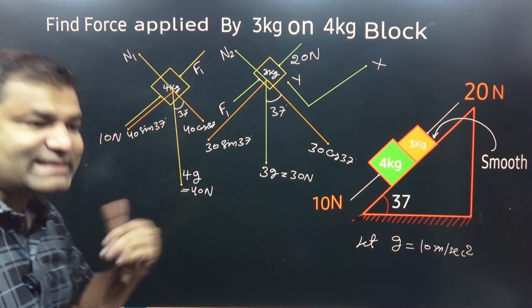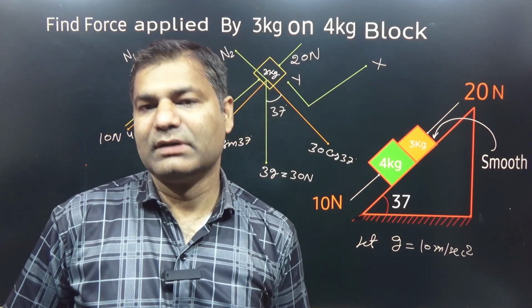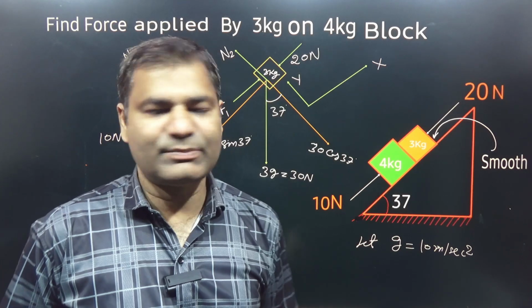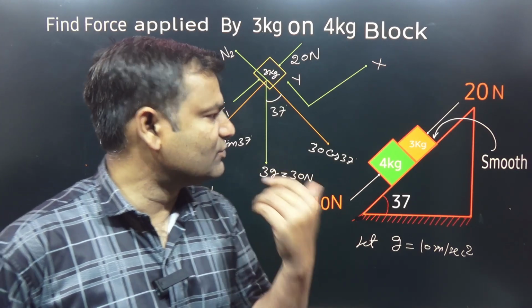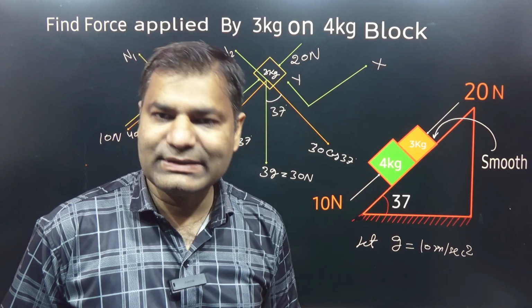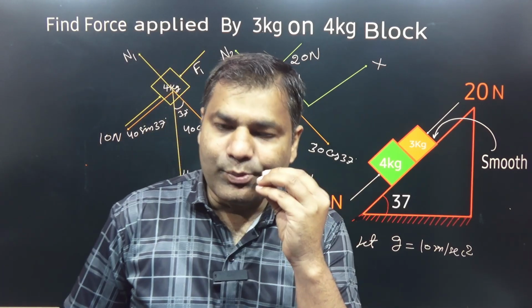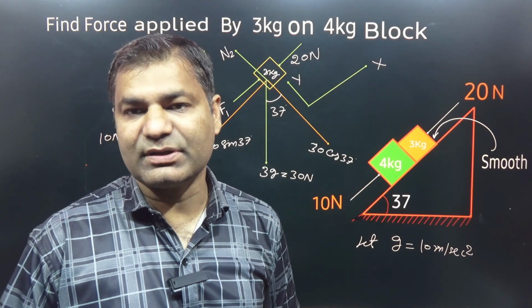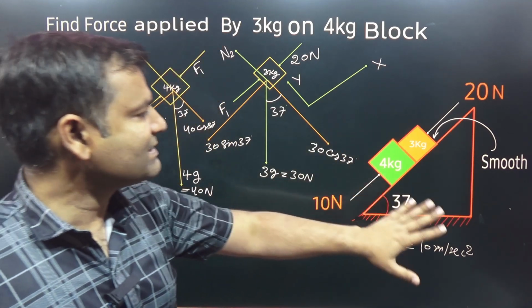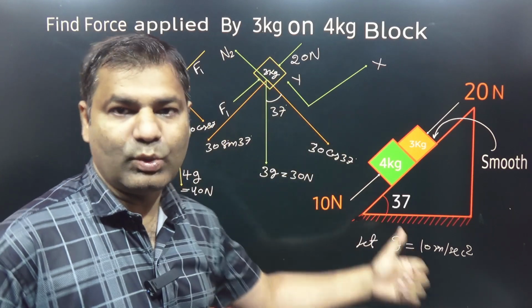So next, the third step, focus on this block. Suppose you are not sure in which direction the blocks move, so simply consider the possible motion direction. These two blocks are not moving along capital Y axis. Why?